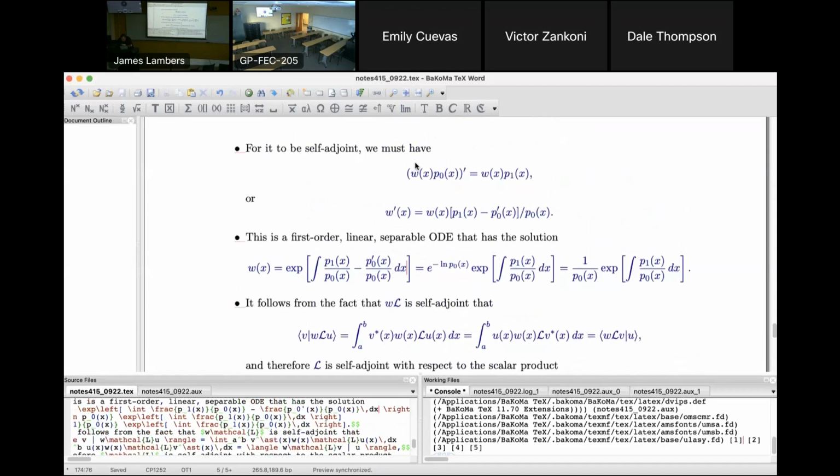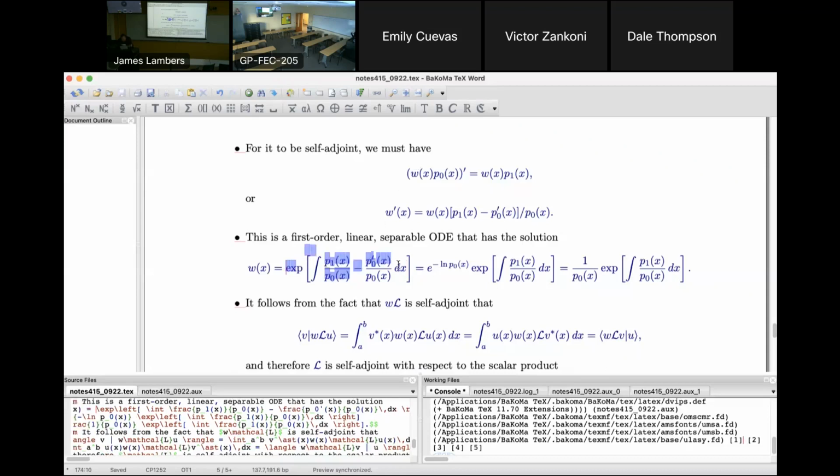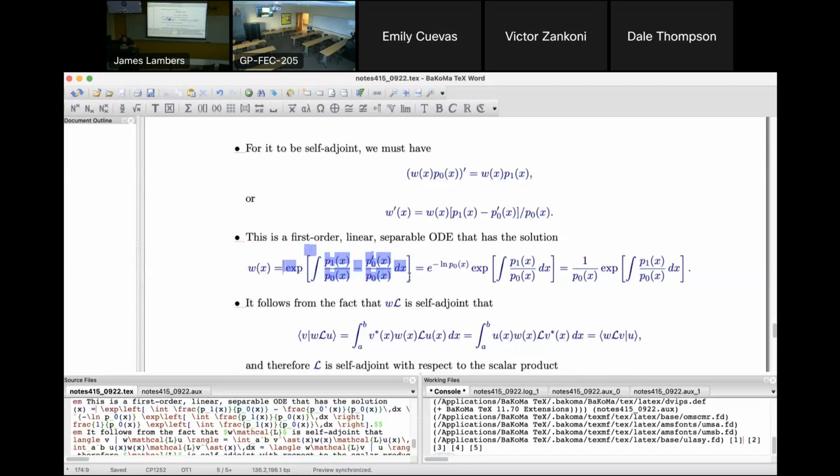Is that effectively what we've just done here, for a second order linear ODE, to identify the integrating factor that will allow it to be solved using something we already know how to do? Yes. This function here, well, actually, yeah, this exponential is exactly that integrating factor.